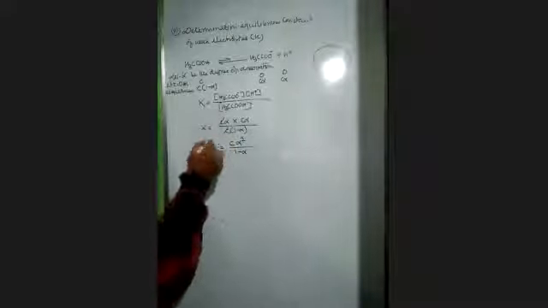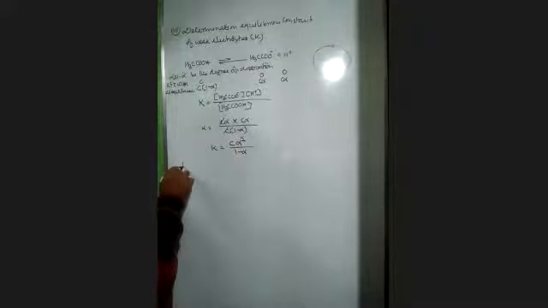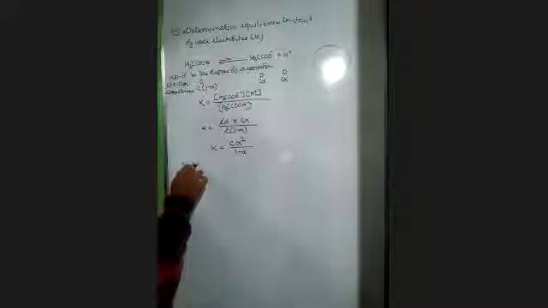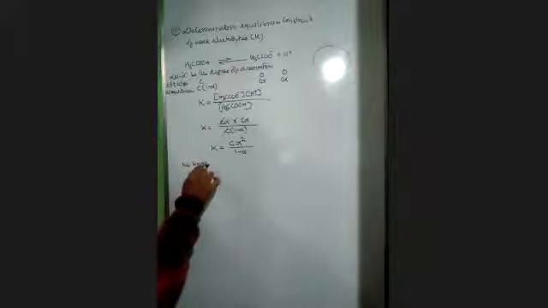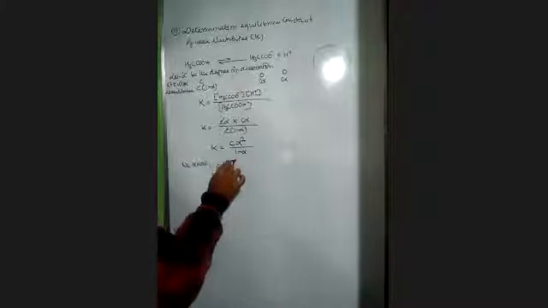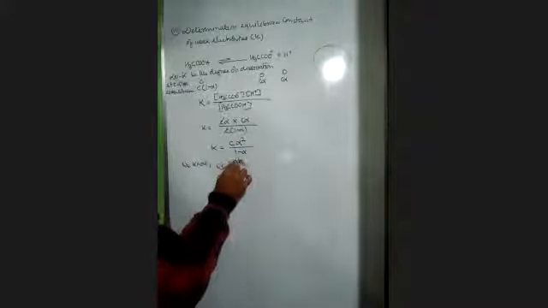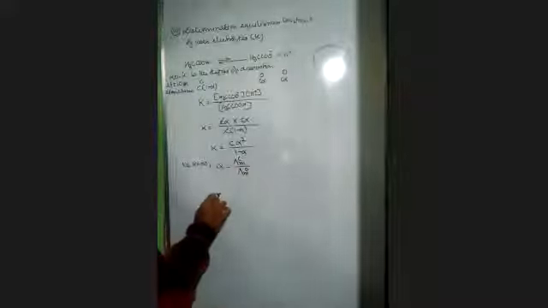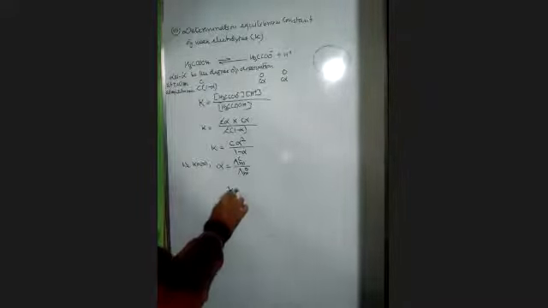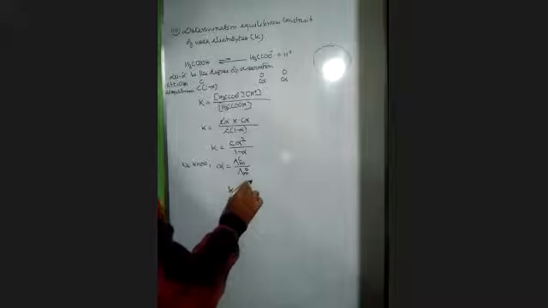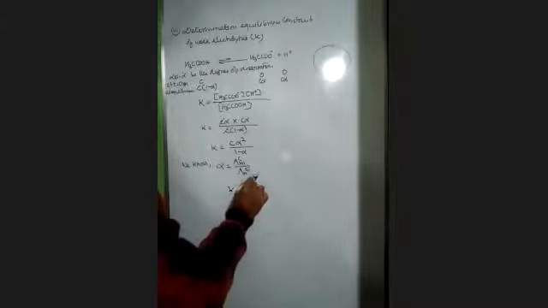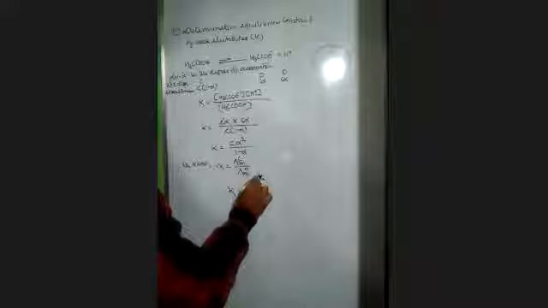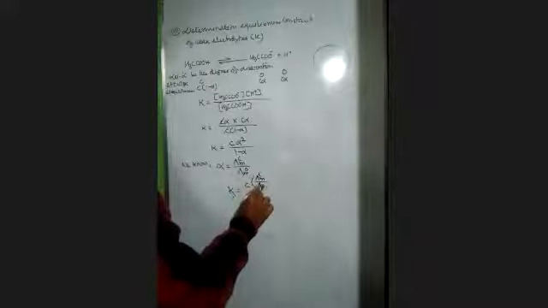But we already know what is alpha. We know alpha is equal to lambda mc divided by lambda m0. So therefore K is equal to C times (lambda mc divided by lambda m0) squared, divided by (1 minus lambda mc divided by lambda m0).